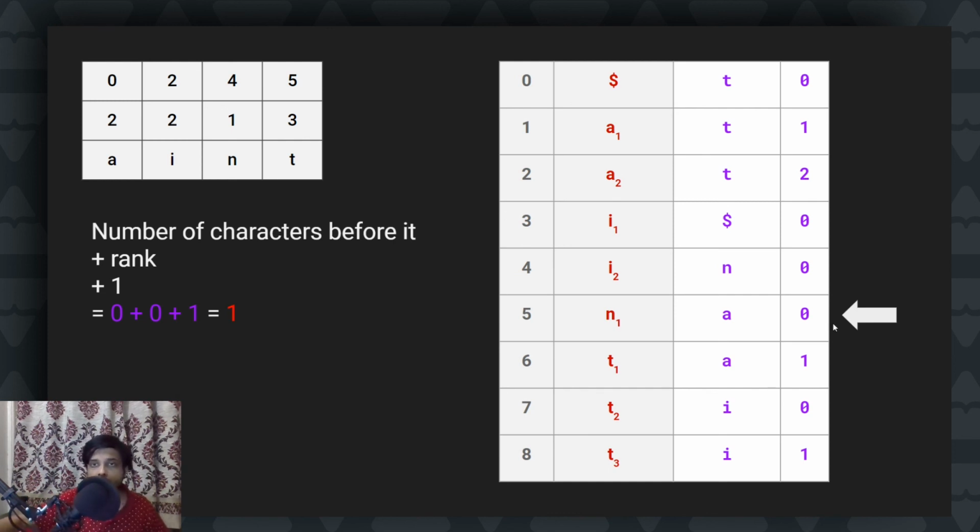Now how will we go forward? Again, we will repeat our formula to find the next step. So what is the number of characters before a? That is 0. Its rank here is 0, and then we add 1 to accommodate for the dollar, and we get 1.